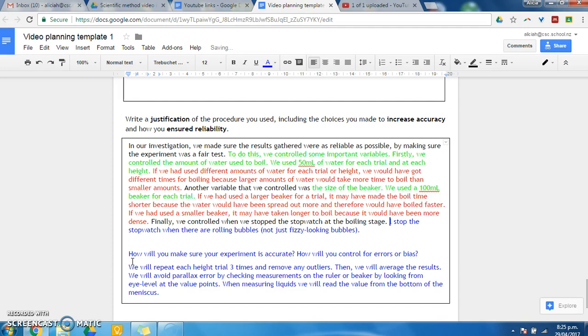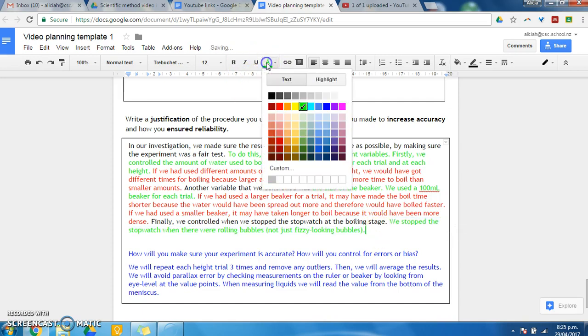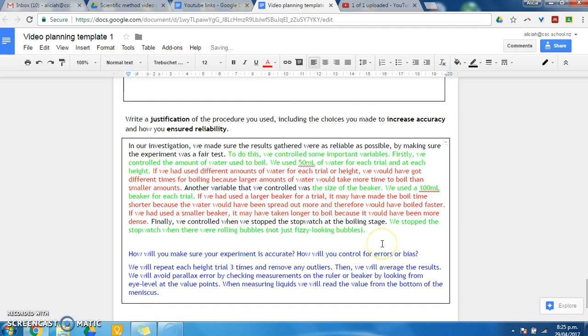We stopped the stopwatch when there were rolling bubbles, not just fizzy looking bubbles. So what we did in green, why we did it in red.